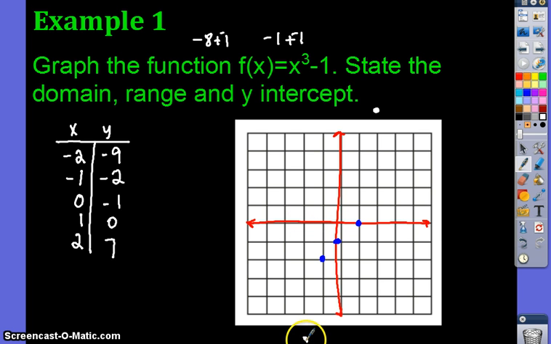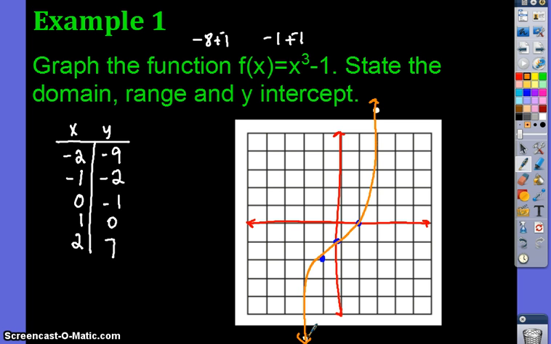So you can see here it's kind of a funky looking graph, not so great because of my poor drawing of it. And then the arrows show that it goes on infinitely. And of course, the way that it looks right now, it looks like it kind of has an asymptote here, but it doesn't.